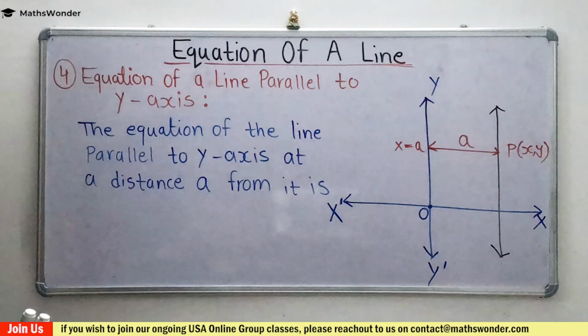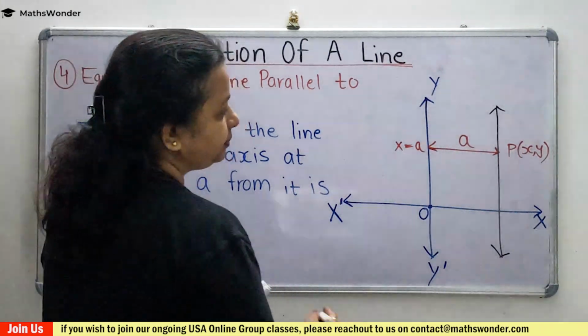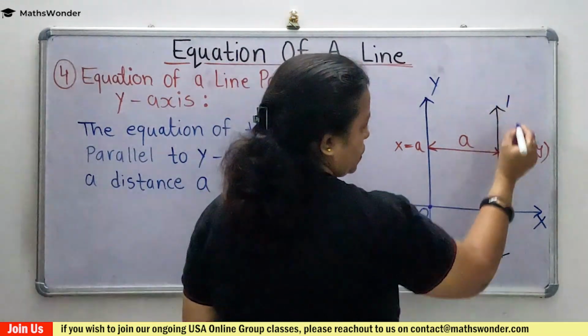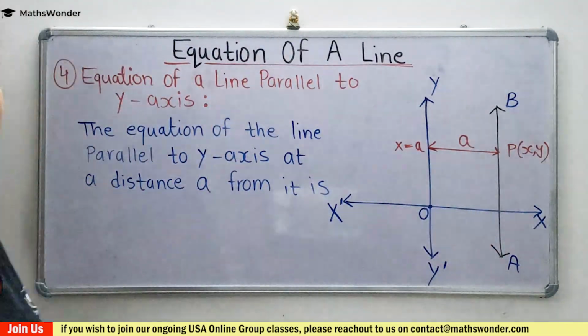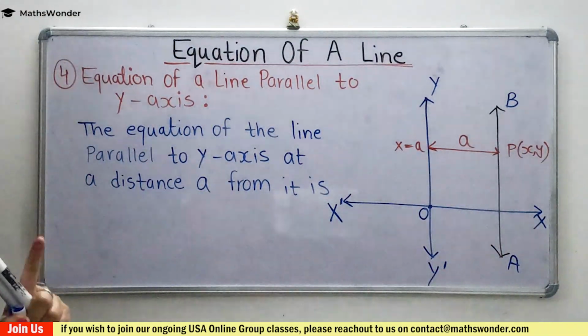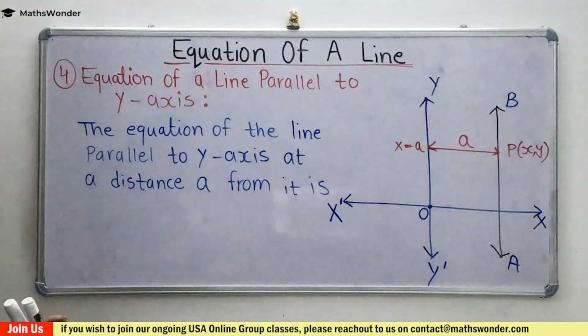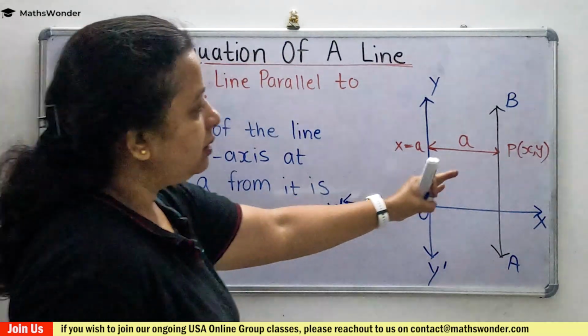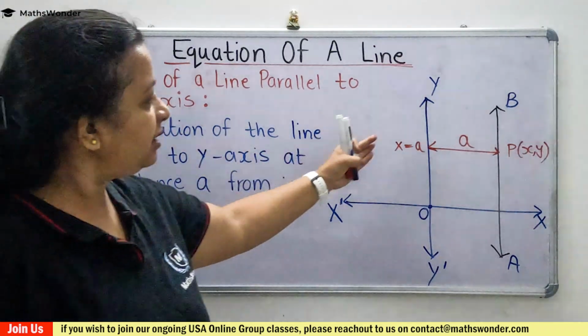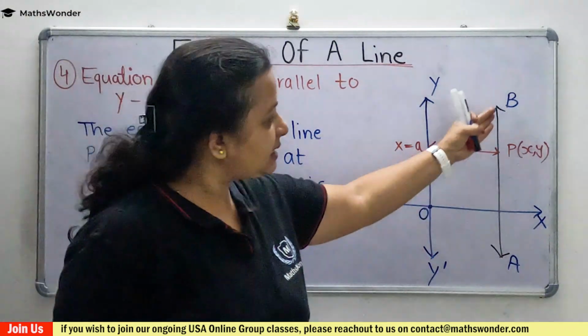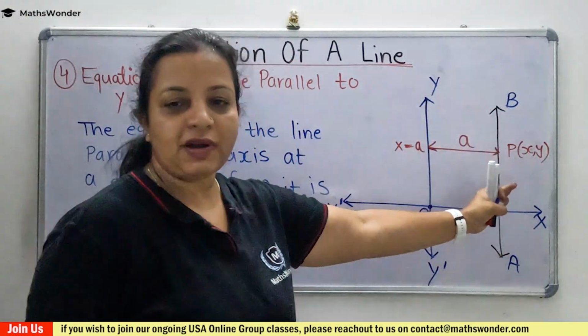explanation part. Let AB, I have given the name. So let AB be a straight line parallel to the y-axis. As you can see, we have written here, this is the y-axis and this AB line is parallel to the y-axis.